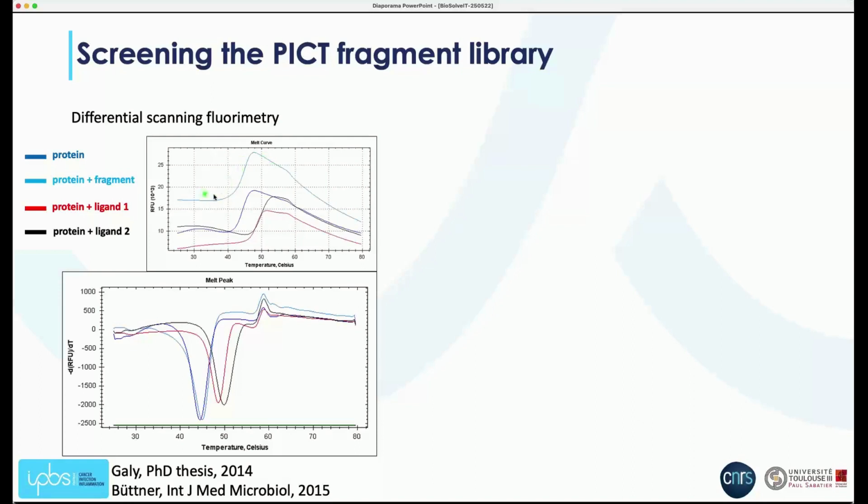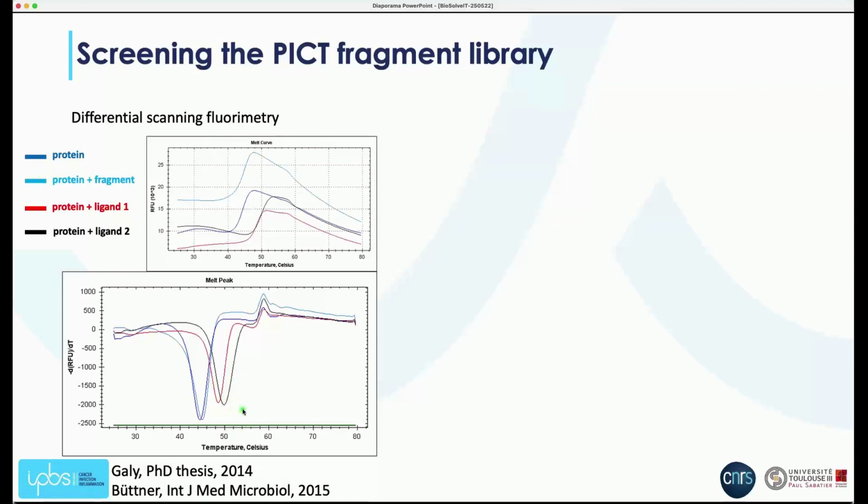If you take the derivative of this curve, you can easily see the midpoint of the denaturation curve, which is called the melting temperature. If you have a protein with a melting temperature of something like 44, 45 degrees as here, and you add a compound which does not interact with the protein, it does not change the TM. But when you have a compound that interacts with the protein, you expect an increase of the melting temperature, as the formation of the complex stabilizes the protein.